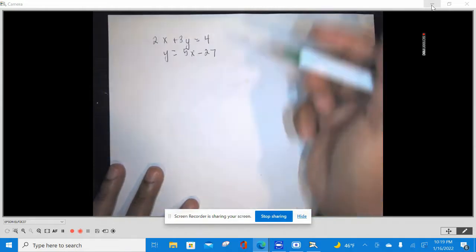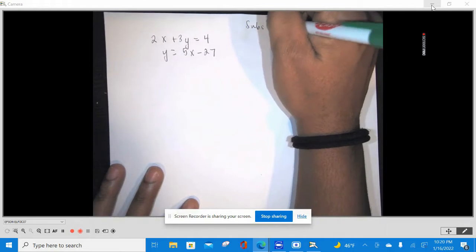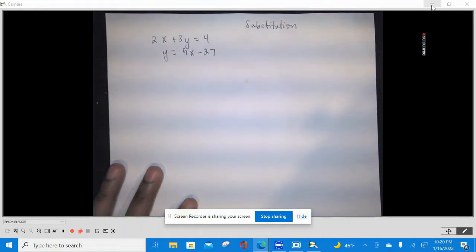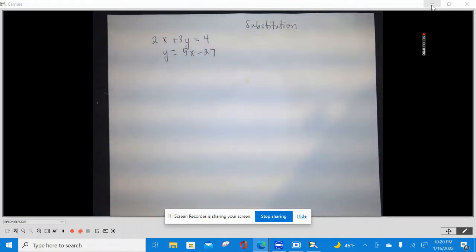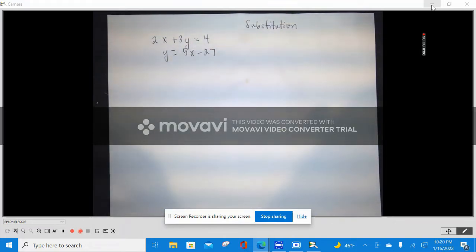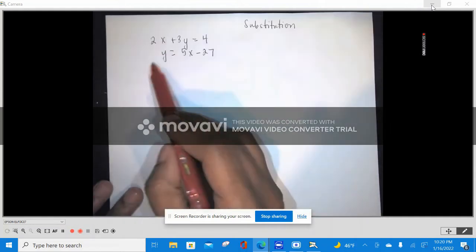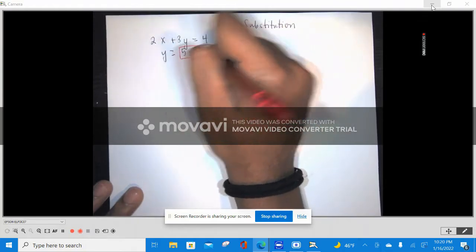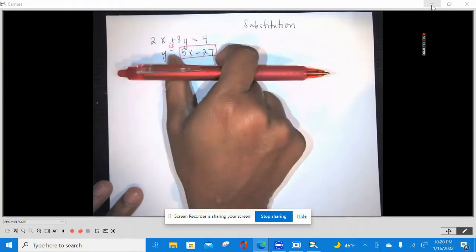So in this case, for the substitution method, you're substituting, which is pretty straightforward, right? It's like I want to swap out a particular expression for a variable. So what I mean is if y is equal to 5x minus 27, y is the same as this expression.